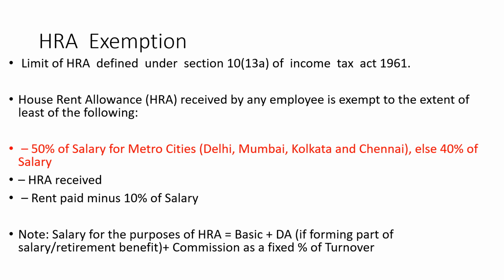Salary for the purpose of HRA is basic salary plus DA plus commission as a fixed percentage of turnover. So you include only three components for the HRA calculation under the salary head: first, basic; second, DA; and third, commission.